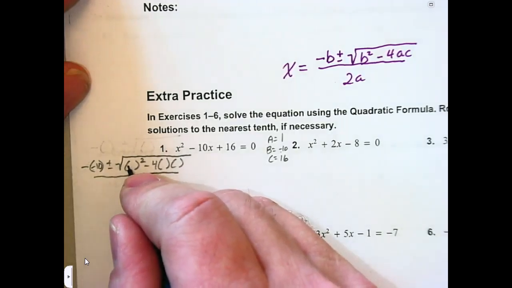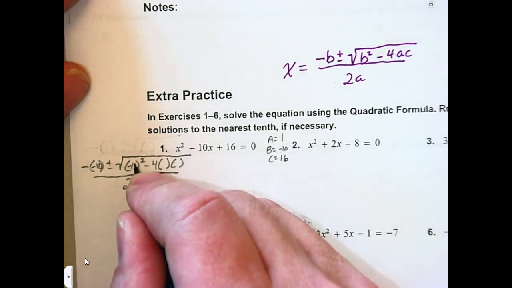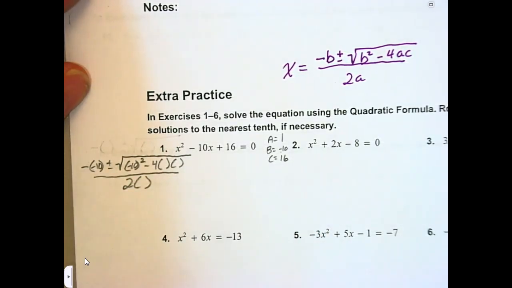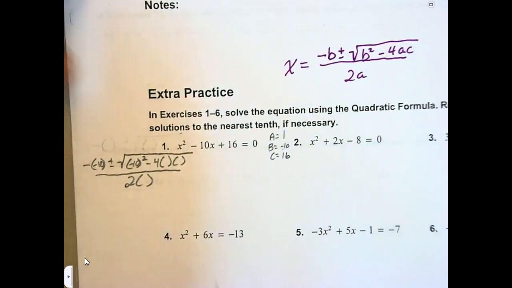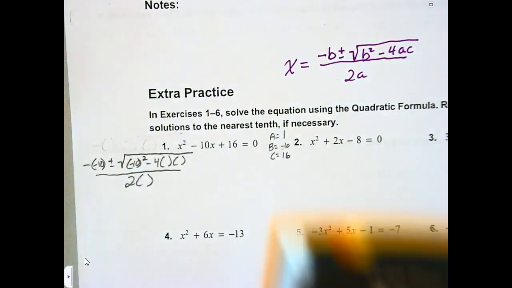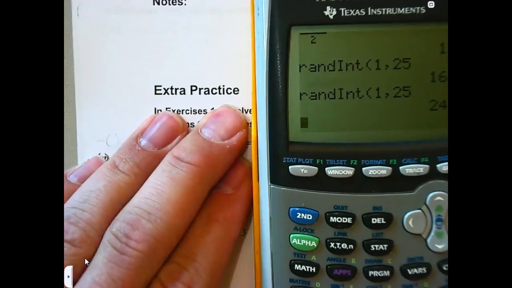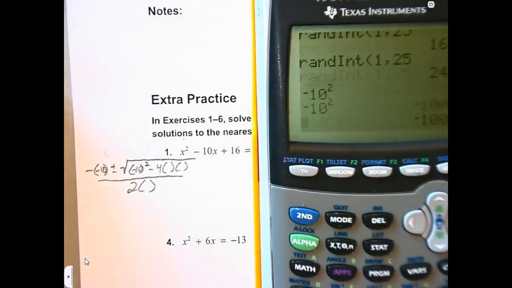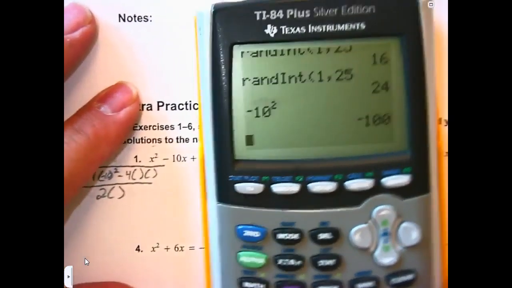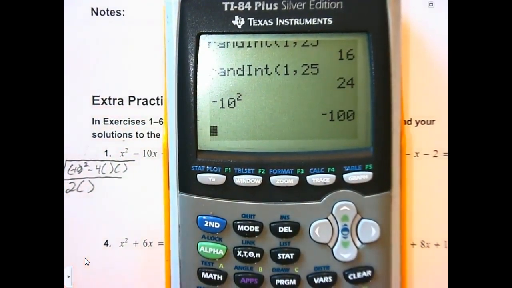And then the next place the mistake will be made is right here. Because negative 10 squared is 100. Well, you're like, well, 10 squared is 100. That's true. But some of you will put this into your calculator as negative 10 squared. And we always believe our calculator, like it's always right. So I go negative 10 squared. And you're like, whoa, McCoy was lying.